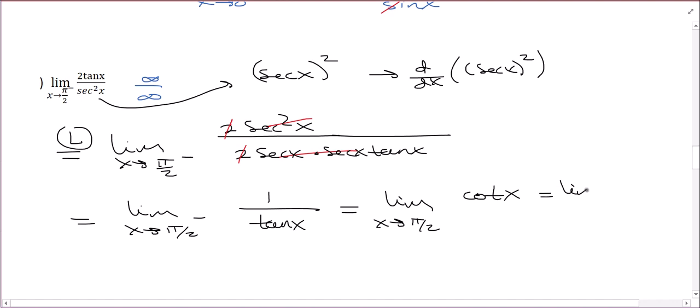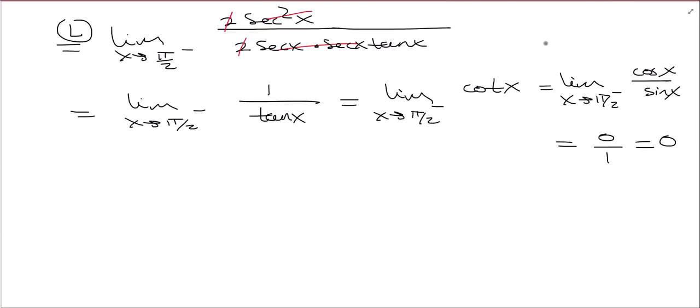Or you can write it in terms of sines and cosines. So cotangent is cosine over sine. So as x goes to pi over 2, cosine is 0 and sine is 1. So you're left with 0 over 1, which is 0.